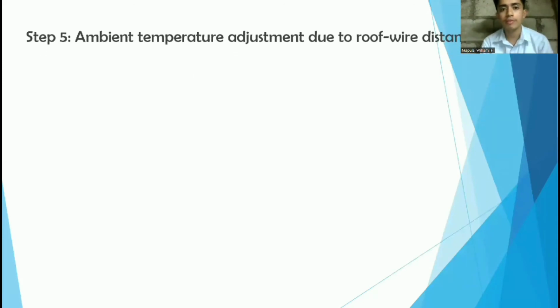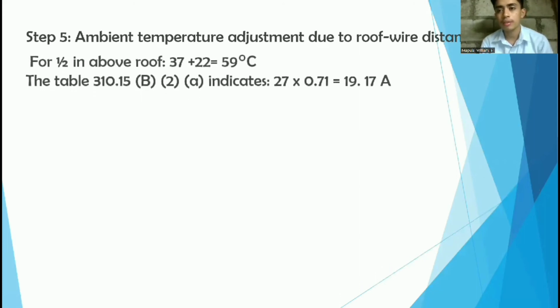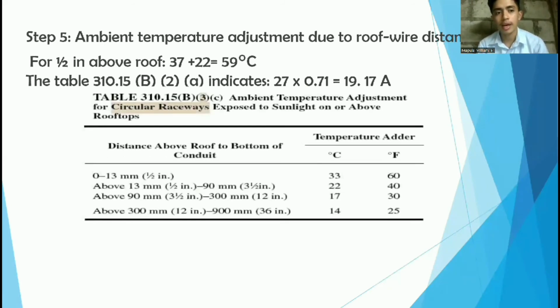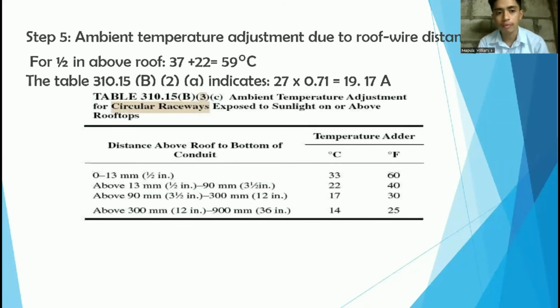Step 5, ambient temperature adjustment due to roof wire distance. Dahil pag nakadikit yung solar panel natin sa bubong, maaaring madagdagan pa yung heat or madagdagan yung Celsius ng ating solar panel. Kaya mag-a-adjust tayo ng 1/2 inches.